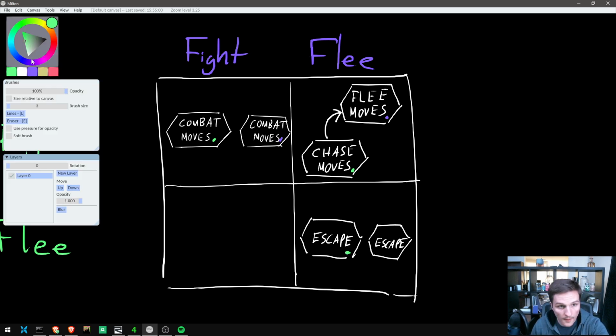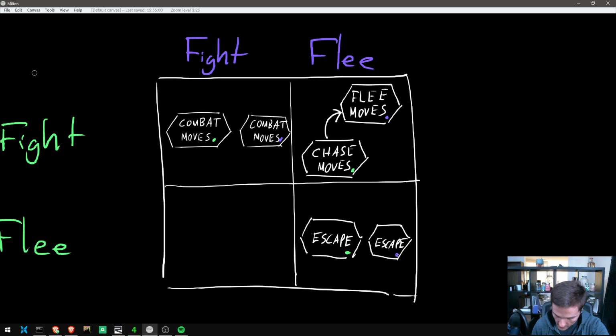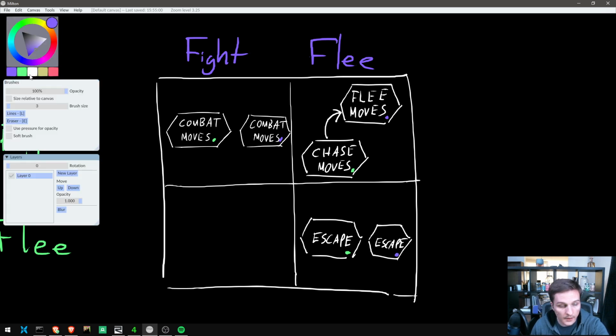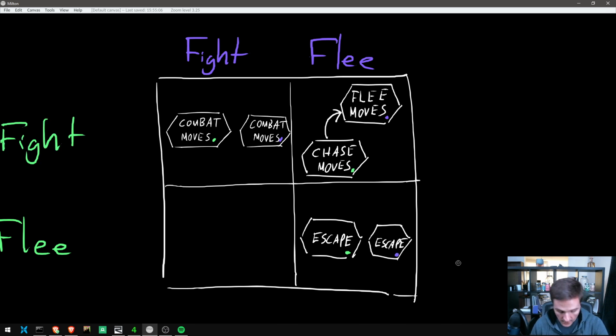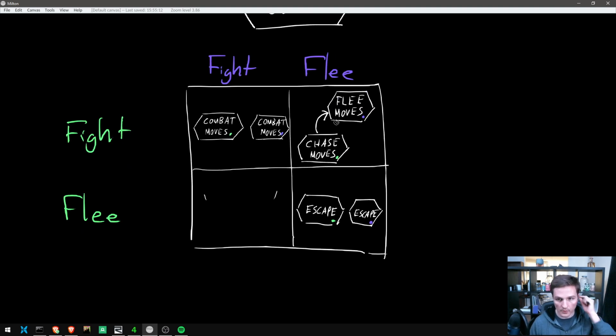Green and purple. That second one got a little smooshed in there, but okay. And this one, I'm going to just put little quotes in because it is symmetrical. So this and this would just be mirror images of each other, right? The purple dot would get the chase moves, and the green dot would get the flee moves, with the arrow going the other way. Well, still from chase moves to flee moves, but from purple to green.